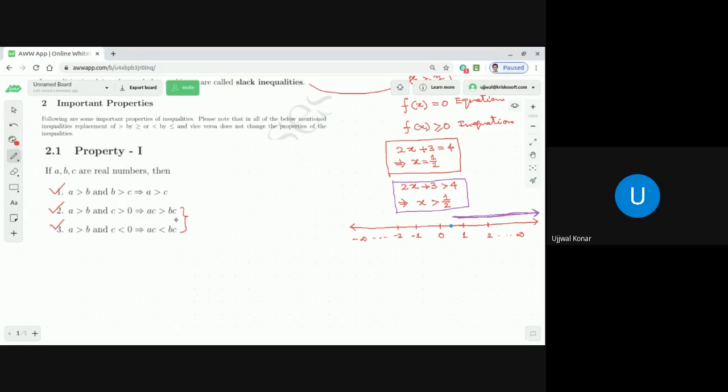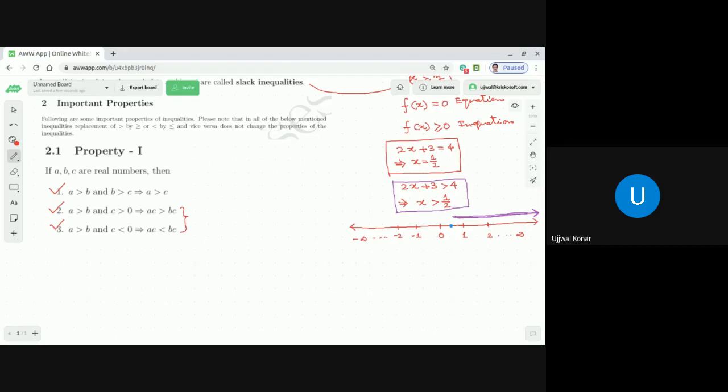It says that if you multiply both sides of the inequality with a positive quantity, the sign of inequality remains the same. That means if it is greater than, it will be greater than. If it is less than, it will be less than.